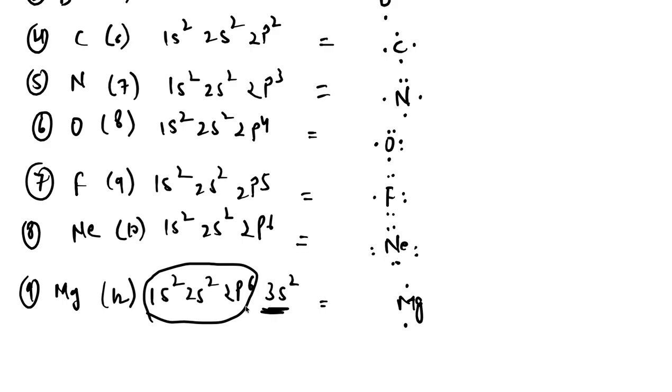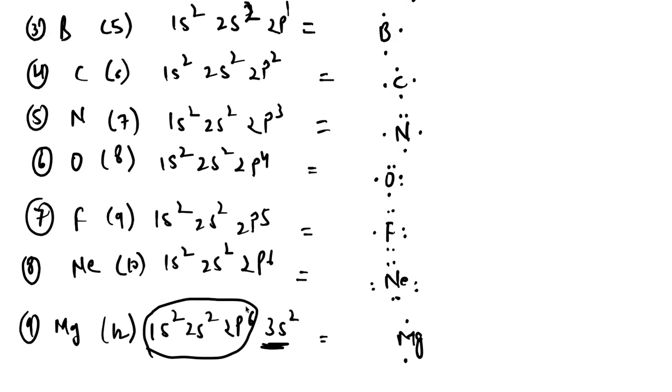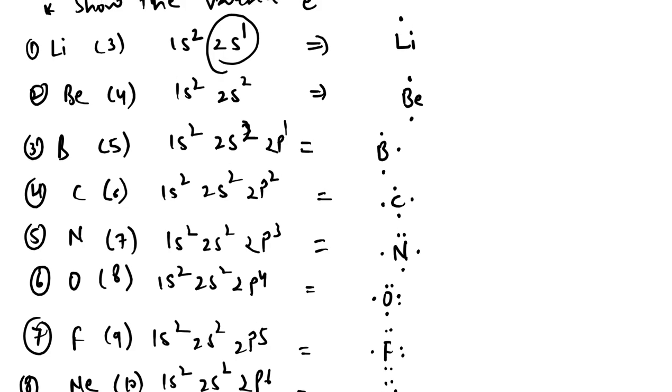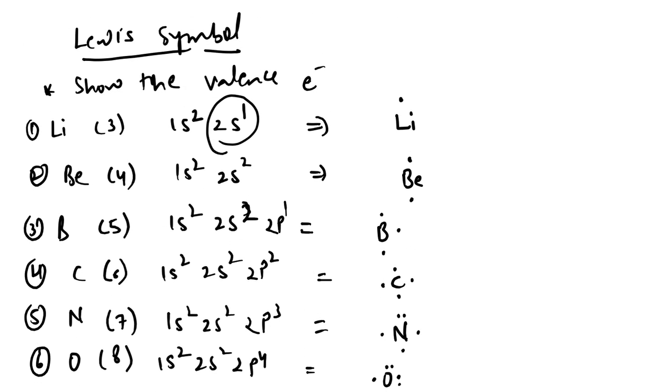Now there is a significance to this Lewis structure too. In the lower classes you have already studied about group valency. If you can recall, we have something called group valency. It does not always follow the same trend, but most of the time with the help of this Lewis structure we can get to know the valency of that particular atom.